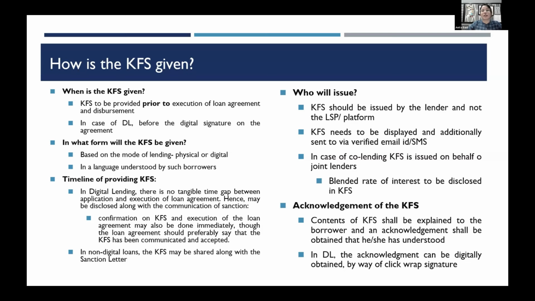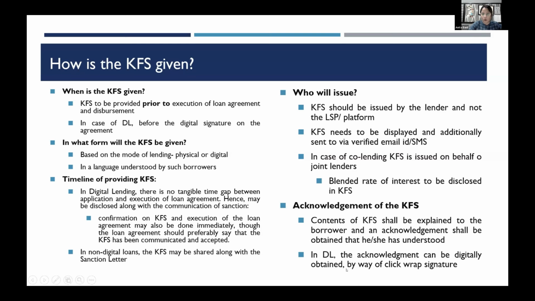Make sure that it is done before the execution of the loan agreement and the disbursement, because this is the initial phase wherein the key terms are given to the borrower, and the borrower is given time to decide on the key terms. So this has to be before the loan agreement or the actual lending is done.